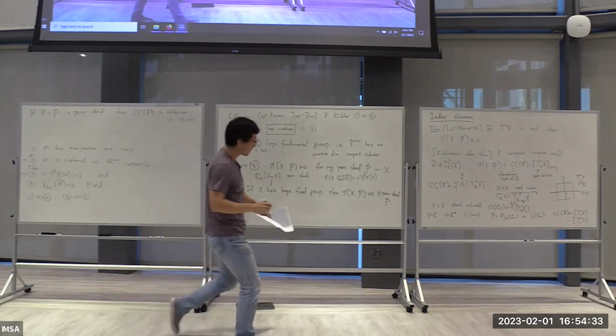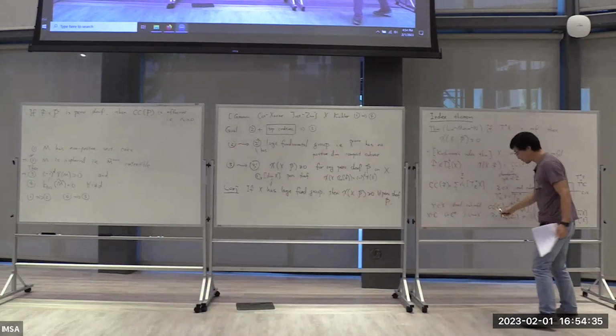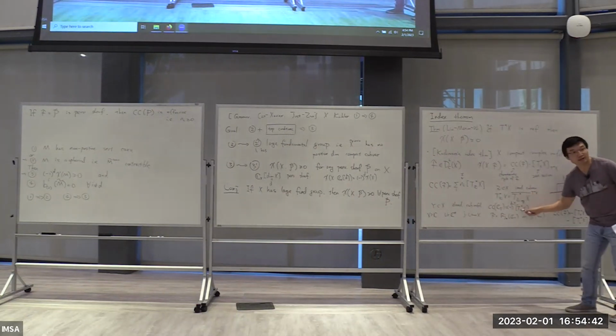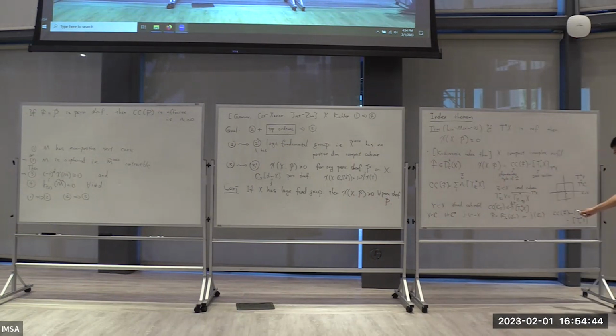You can see here the problem is C_Y is not a perverse sheaf. You shift it by dimension Y, then it becomes perverse, and once you shift by dimension Y, you get rid of this minus sign. And here also F is not perverse. You have to shift by 1 to make it perverse. In that case, you get rid of the minus signs and have an effective cycle.